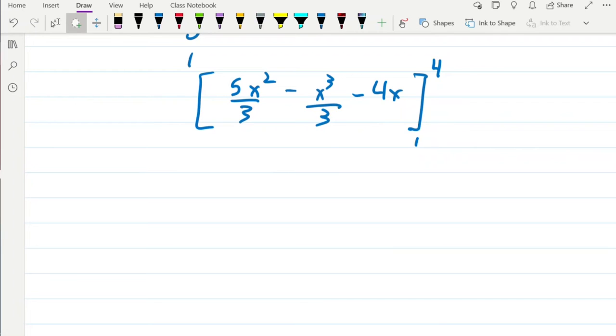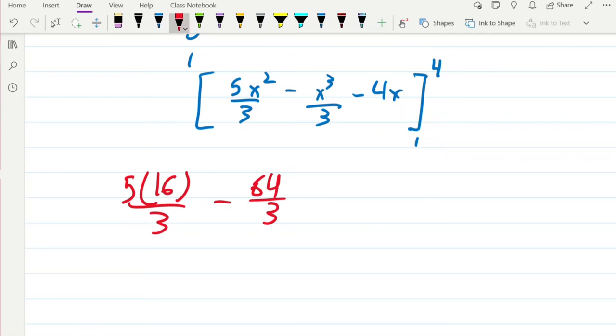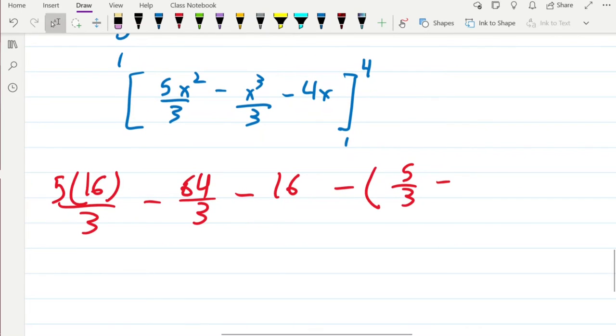So let me just get my pen back out. 5 times 16/3 minus 64/3 minus 16 minus 5/3 minus a third minus 4.